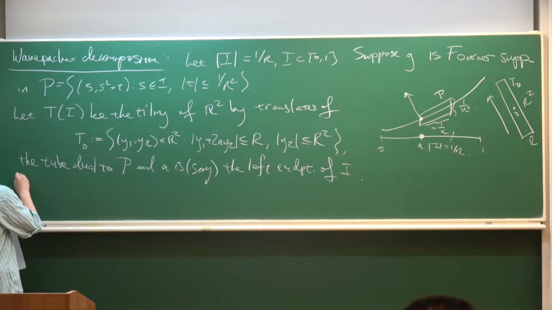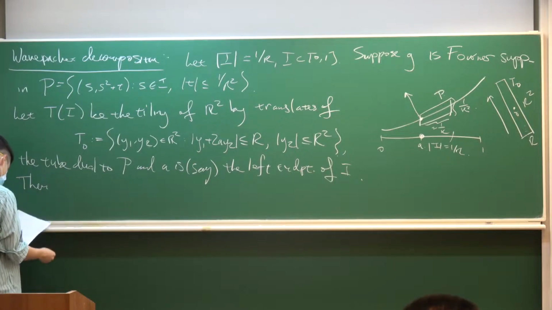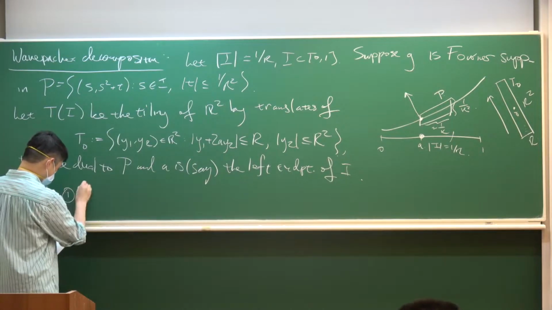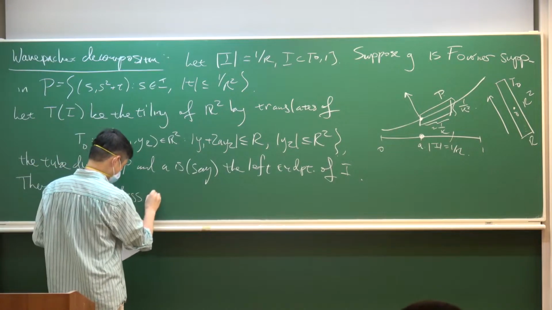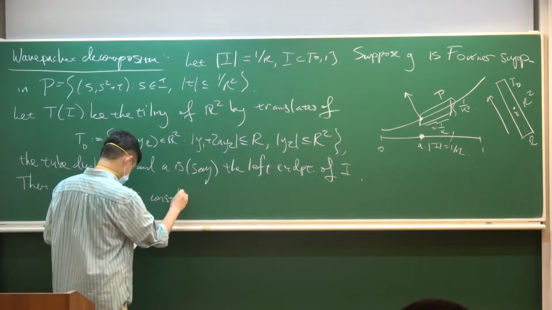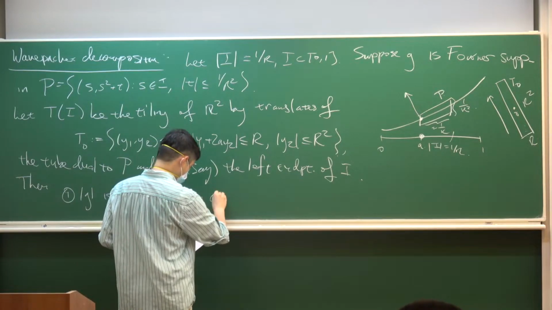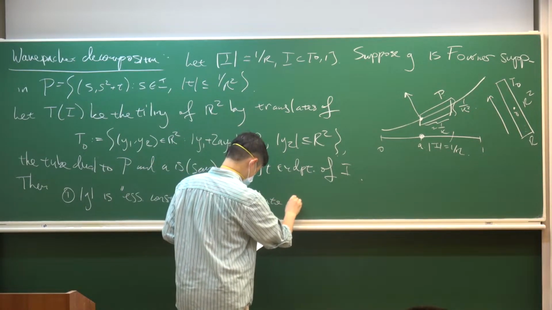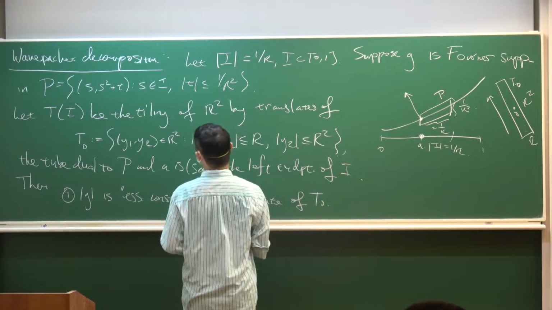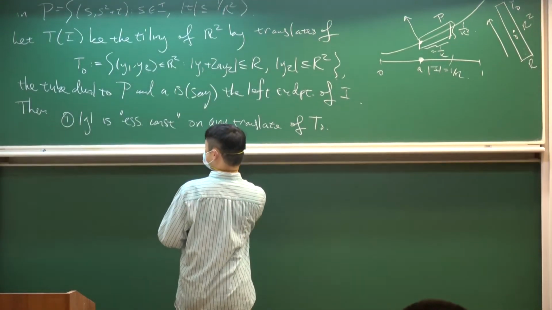So then, one: the absolute value of g is essentially constant on any translate of T_0.